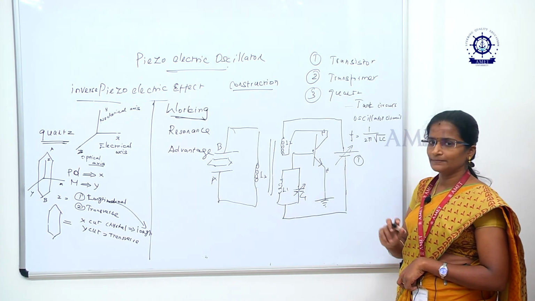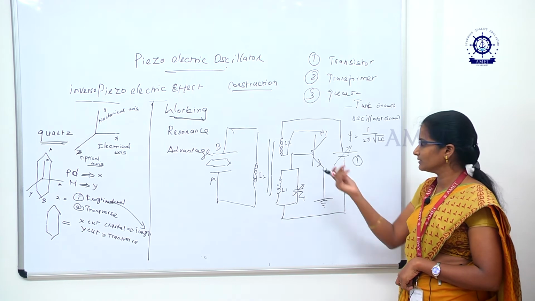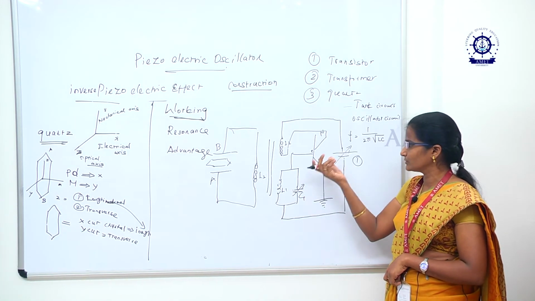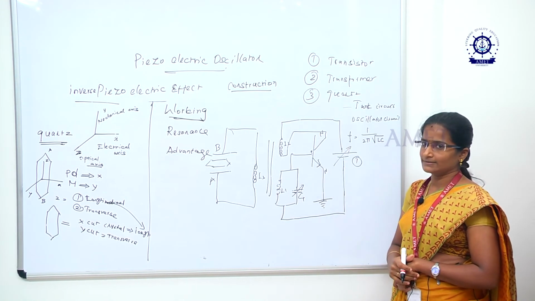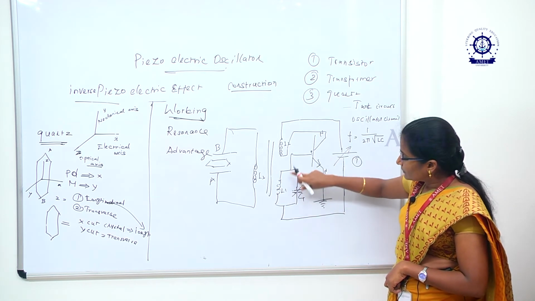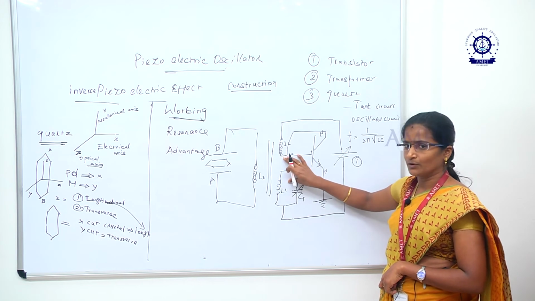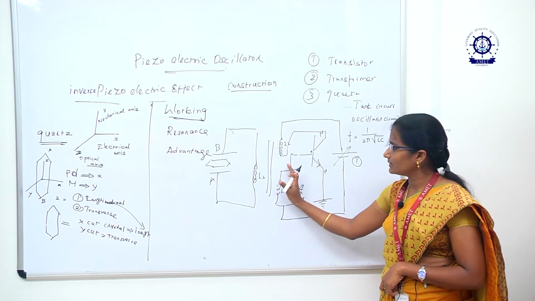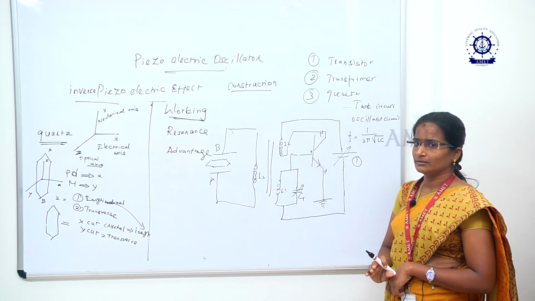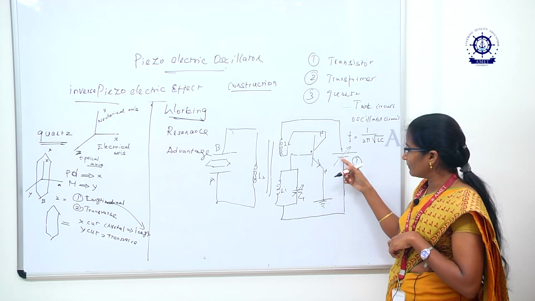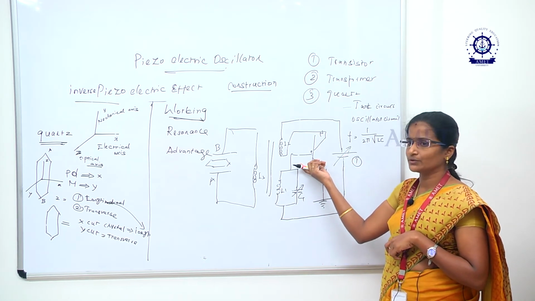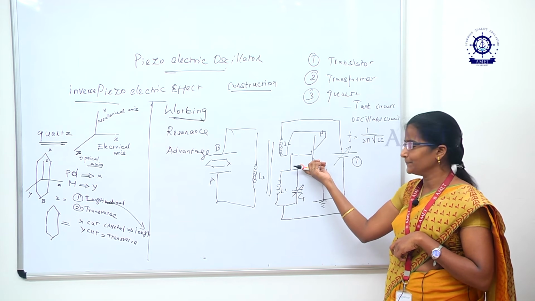The transistor is used to produce current in the oscillator circuit. Then, using the L1 and L2 coils, the primary circuit of this transformer, the current is transferred to the L3 coil.